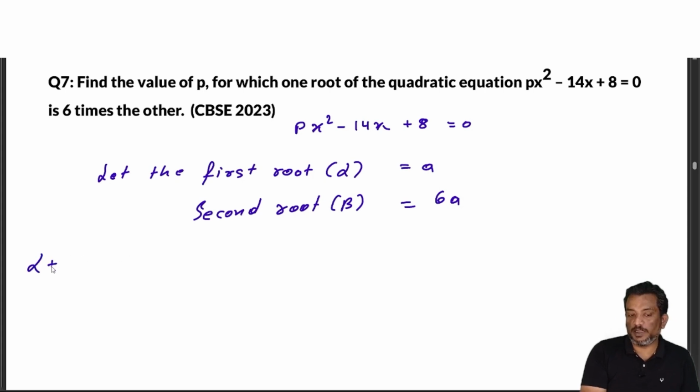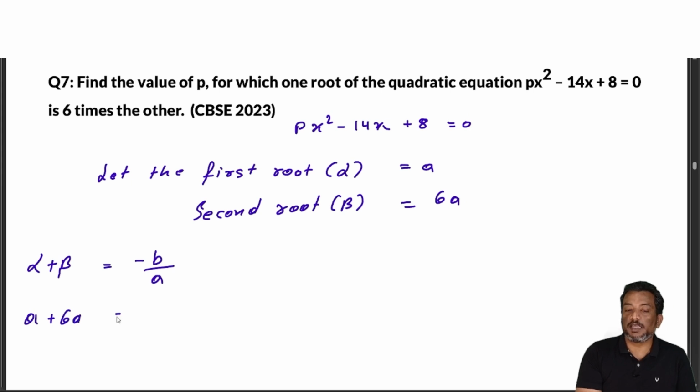Now sum of roots: alpha plus beta is equal to minus b over a, which means minus the coefficient of x over the coefficient of x square. So a plus 6a is equal to minus (minus 14) over p.